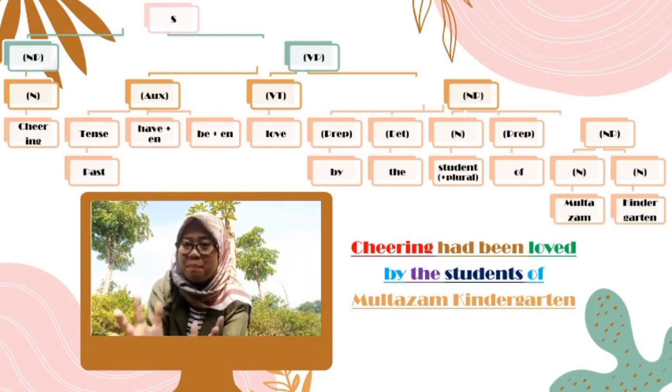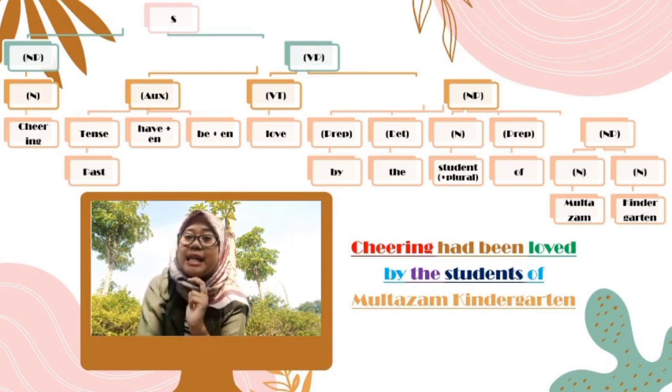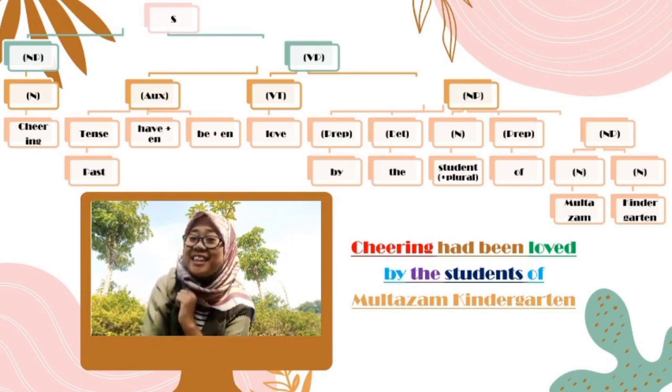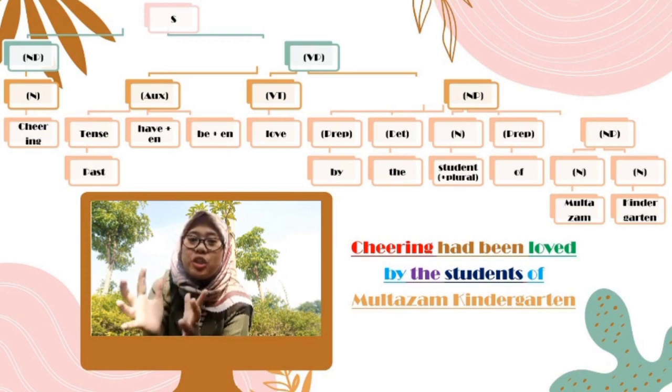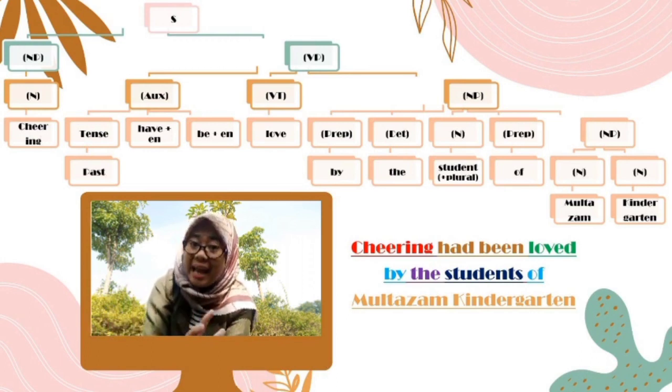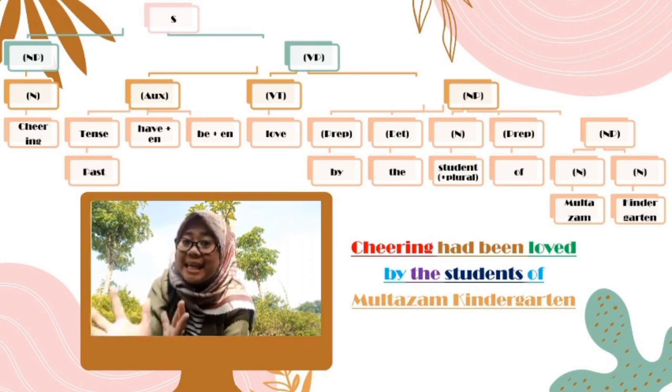And then we have the VP, or verb phrase. The VP is made up of the aux, the verb, and the noun phrase, and the tense used is past, but in the form of passive. So the verb used is a past participle verb. Because we already put past in the part of tense, we just put have plus en.